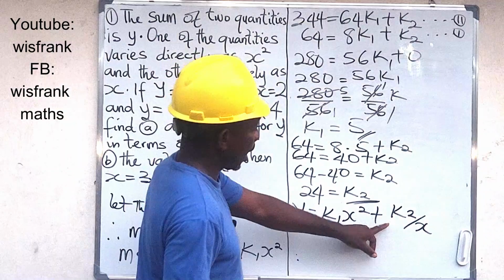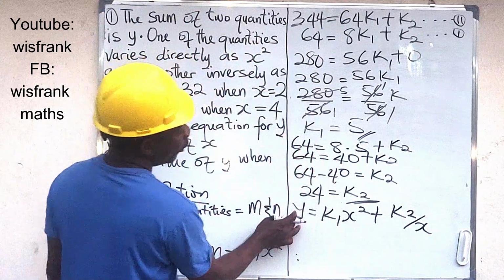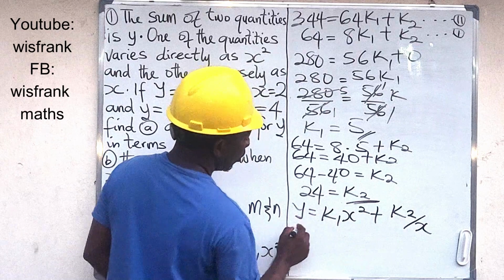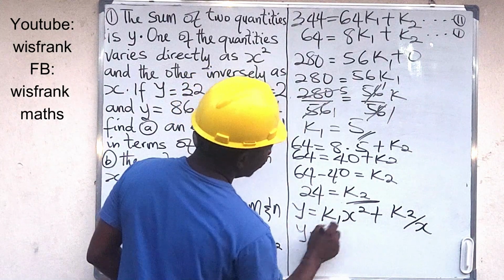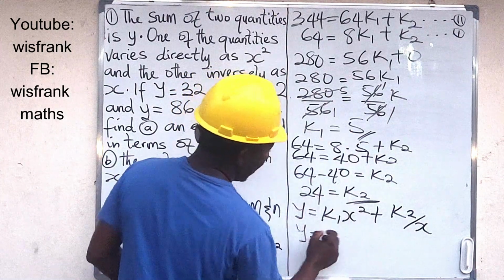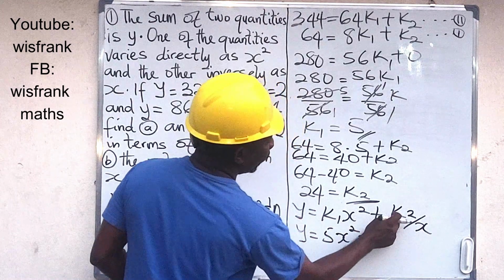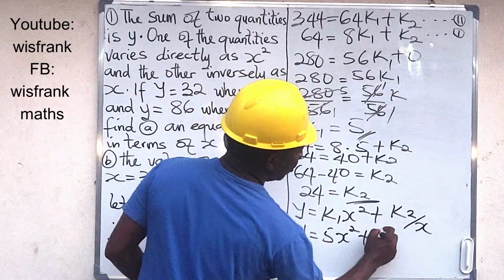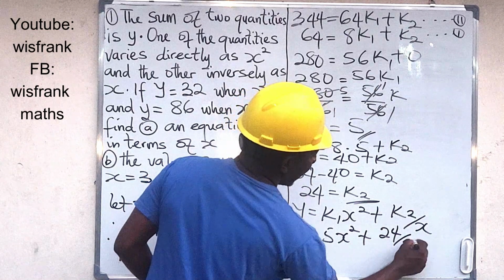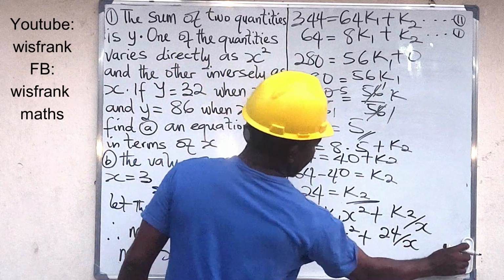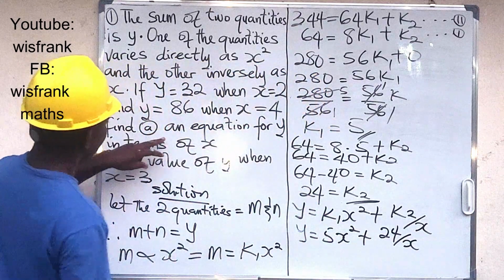So substituting k1 and k2 into this equation, we have y equals our value of k1 is 5 times x squared, plus our value of k2 is 24, so it's going to be 24 all over x. This is the equation. We have this as the equation for part A.